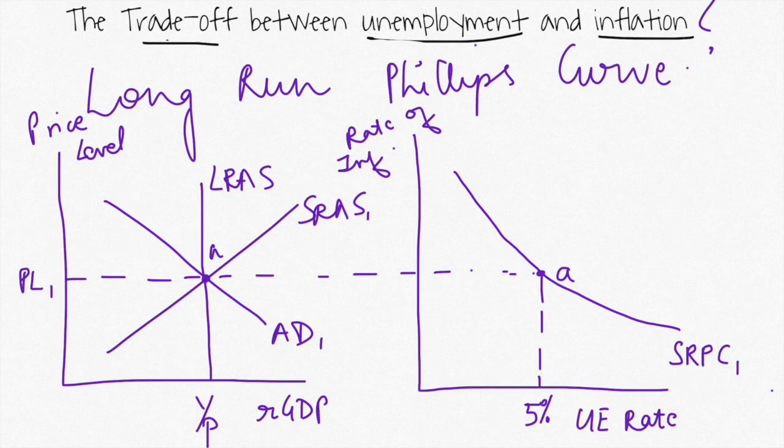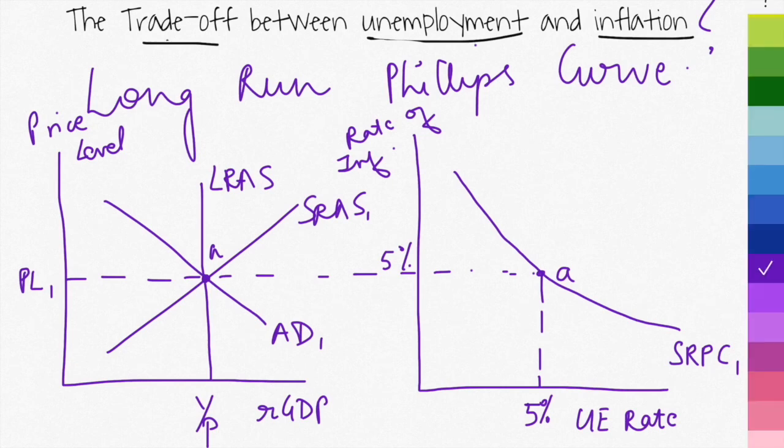All right, and I'll even take an inflation rate. Let's say the inflation rate is 5% over here, just to show that at this point this is the inflation rate and this is the unemployment rate. Okay, and now let's say we are going to show that there's an increase in aggregate demand, right? So let me just show that with another color.